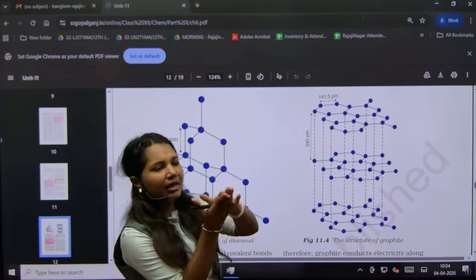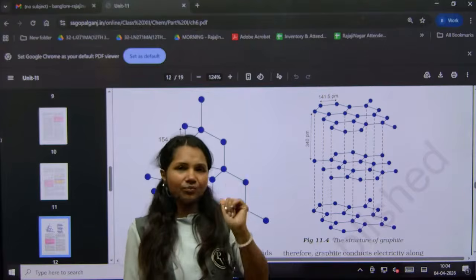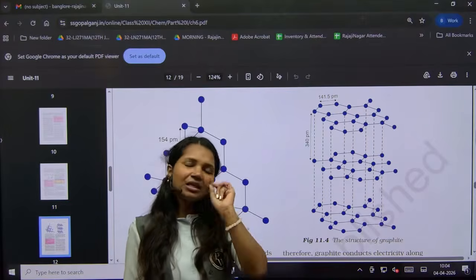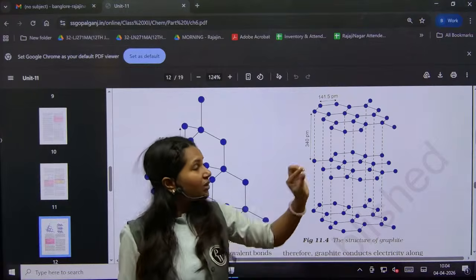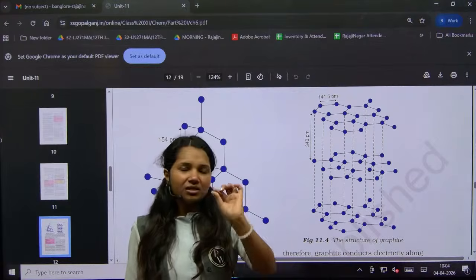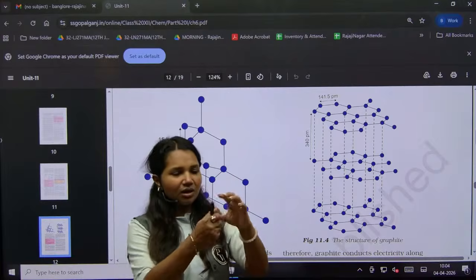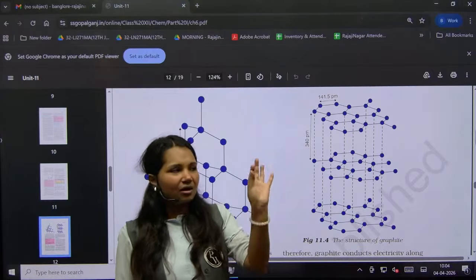Graphite is a layered structure. Why is graphite slippery in nature? You have used pencils. The pencil lead is made up of graphite. If you have touched it, it is slippery.